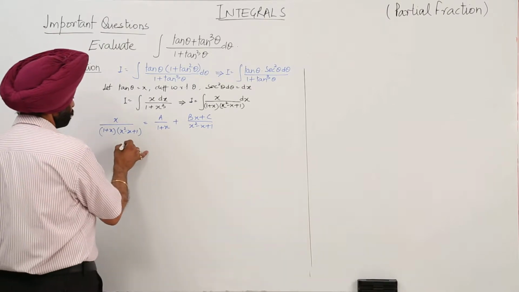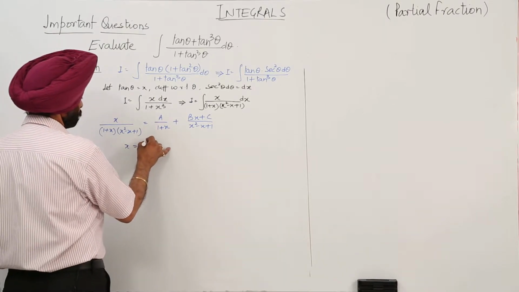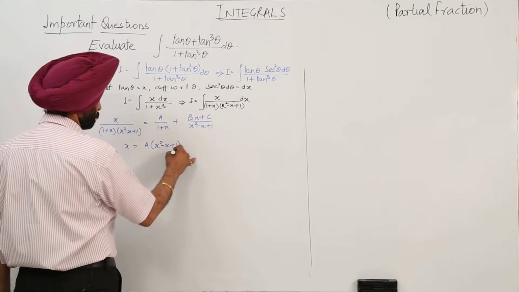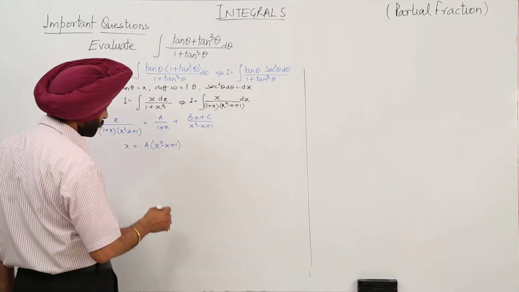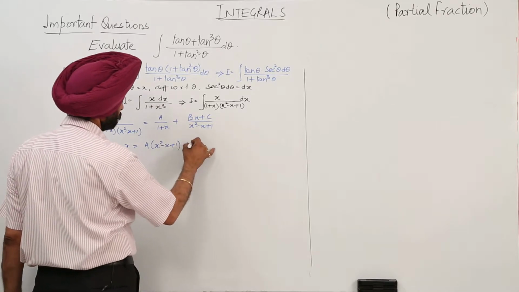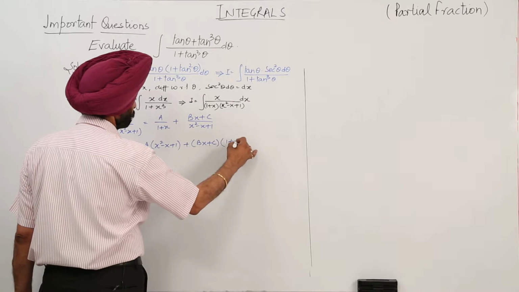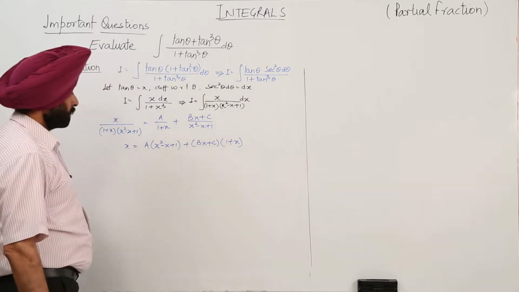Taking LCM, x equals A(x square minus x plus 1) plus (Bx plus C)(1 plus x).